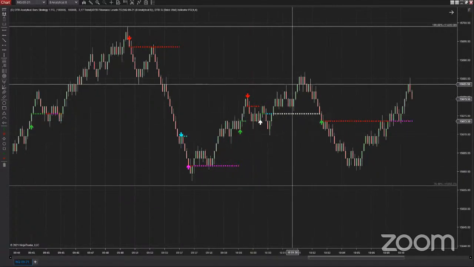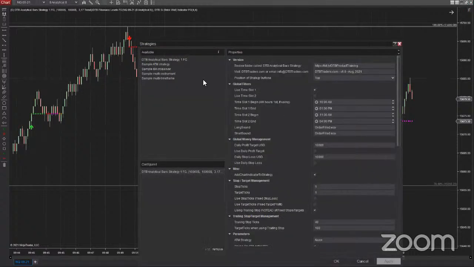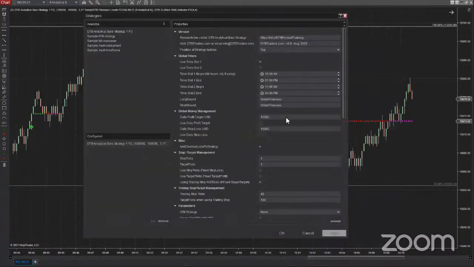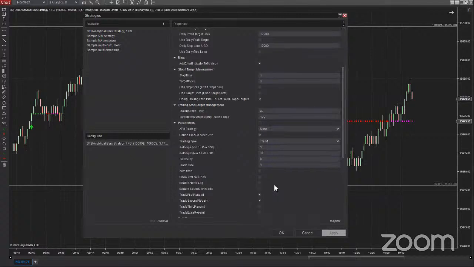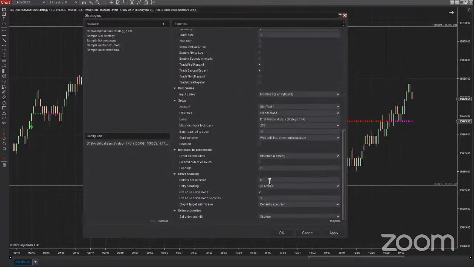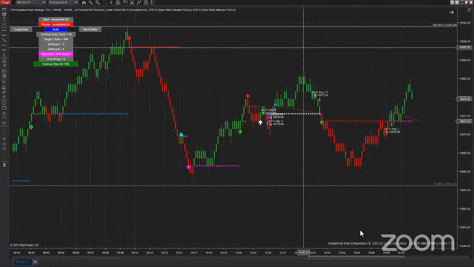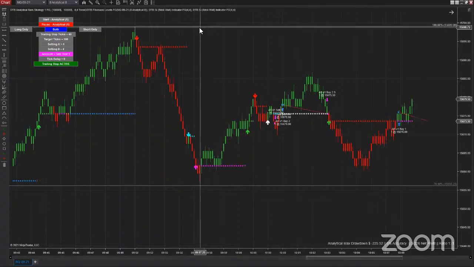So if you had to go and activate the strategy, if I go to strategies and I add the analytical bar strategy like this, and I put on that 4-4, so 4 and 4, and I'll enable that. That's going to show, well, I might have to just check something quickly.